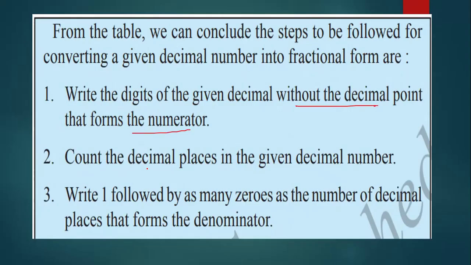Second one, count the decimal places in the given decimal number. Write 1 followed by as many zeros as the number of decimal places that forms the denominator. In exercise, we will let it know.